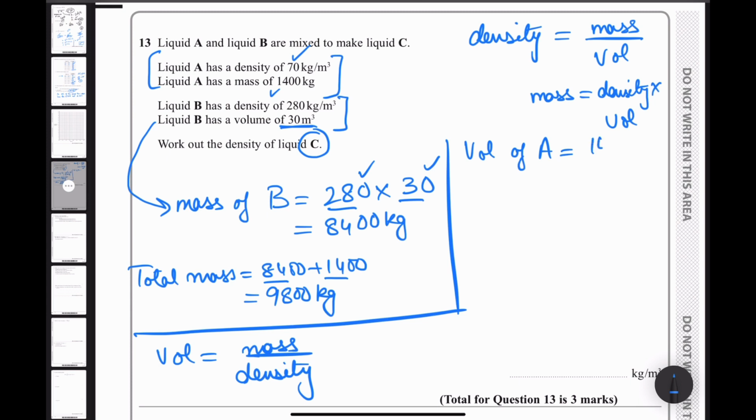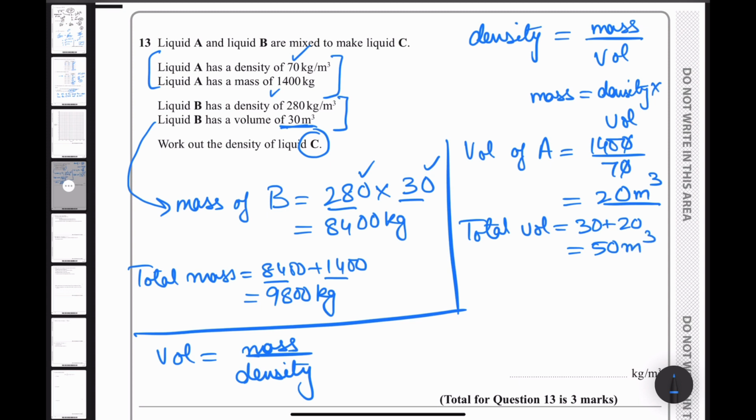Mass is 1400 and the density is 70. This 0 will get cancelled. 14 divided by 7 will be 2, and this 0 as it is, so it will become 20 meter cube. So the total volume will become 30 plus 20, that will be equal to 50 meter cube. That's the total volume.